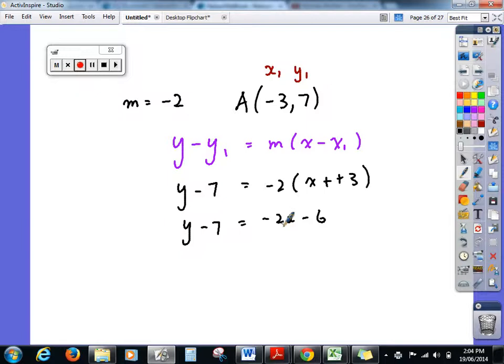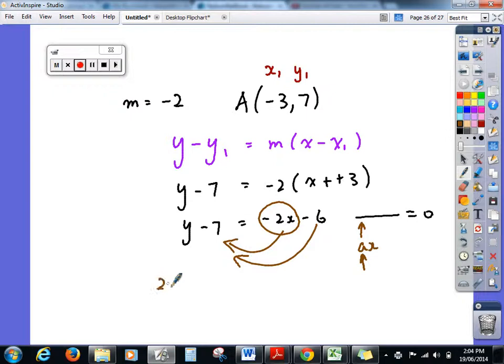So remembering general form has the expression must equal 0, and we have a positive value for the x. So the a is a positive whole number. So that means I'm going to bring this to that side as well as this to that side. So we get 2x plus y, and we get a -6, and we'll be plusing 6, so we'll be -1 equals 0. Okay, so that's using the point gradient form.